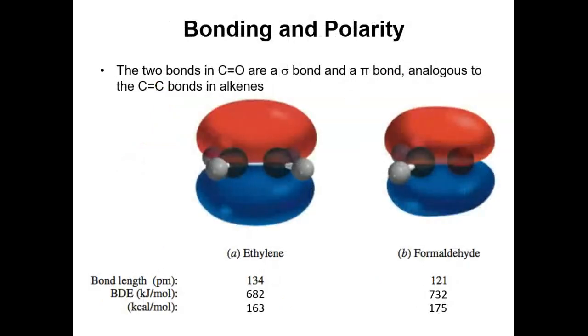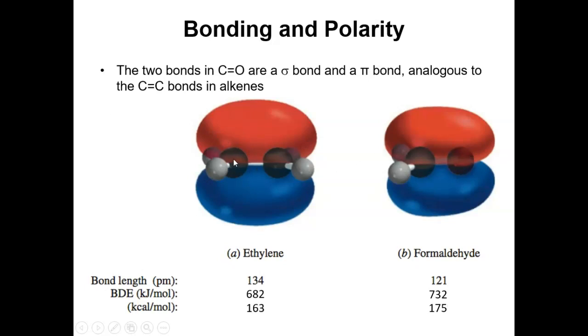Okay? And then the other thing we want to do is compare the C=O double bond with the C=C double bond, because there is obviously a lot of similarity between a C=C double bond and a C=O double bond.